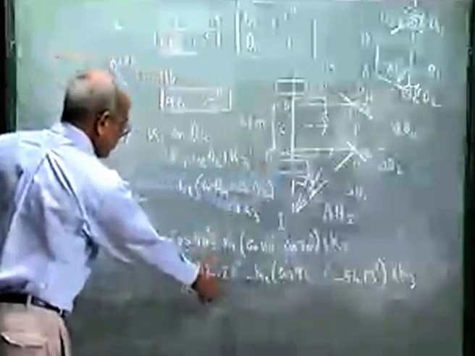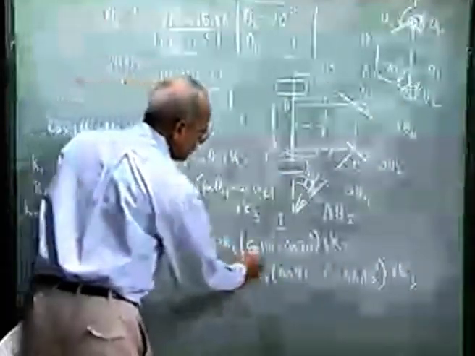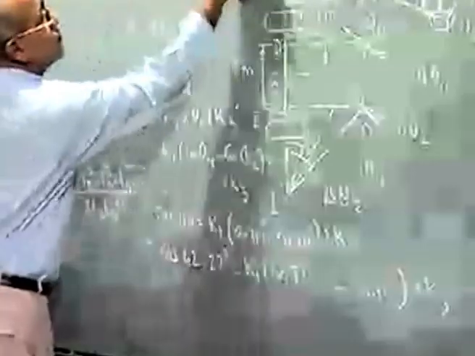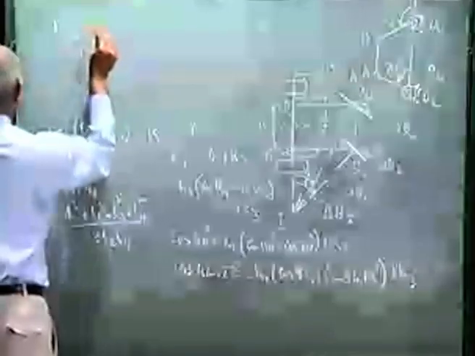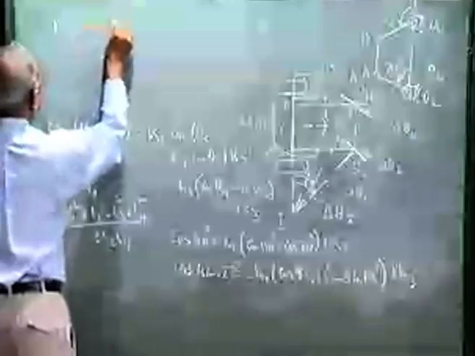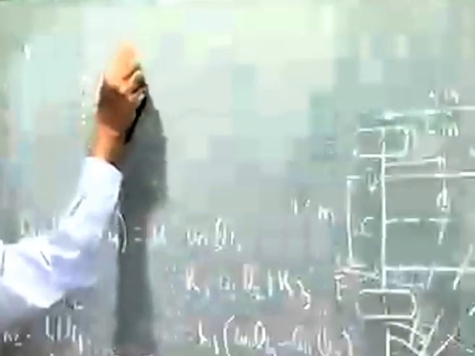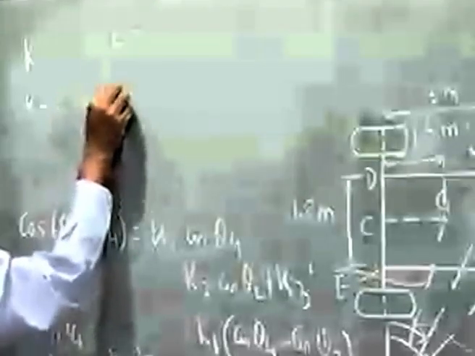So from these two equations I can easily solve for two unknowns, namely K1 and K3. By solving we will get K1 equal to 1.953 and K3 is 2.102.